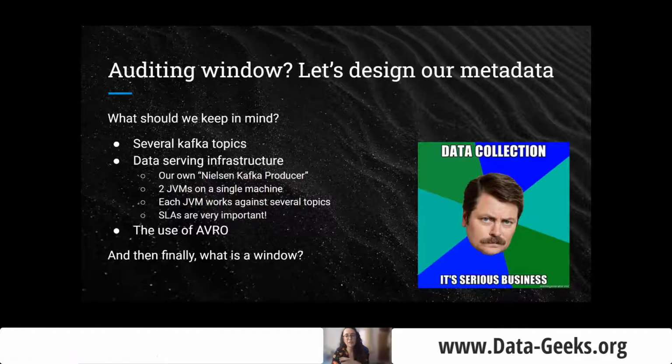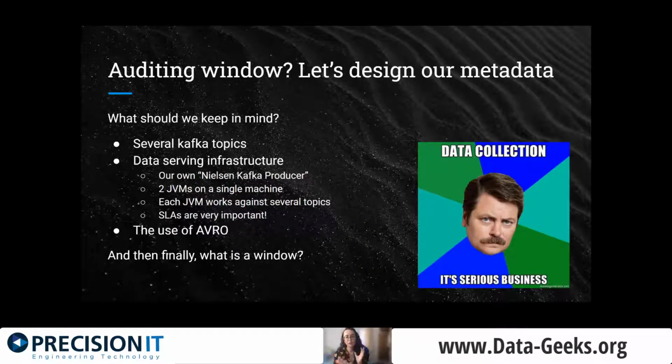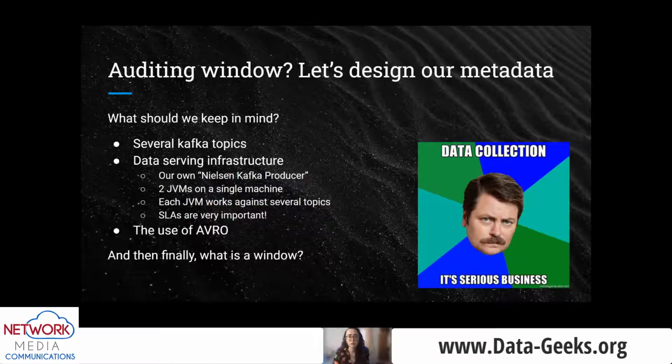And each one of these JVMs is working against several topics. Another thing is that they're using our own Nielsen Kafka producer. So it's a Kafka producer, but with some extra layers. And so we decided to implement this auditing subsystem right on the Kafka producer.